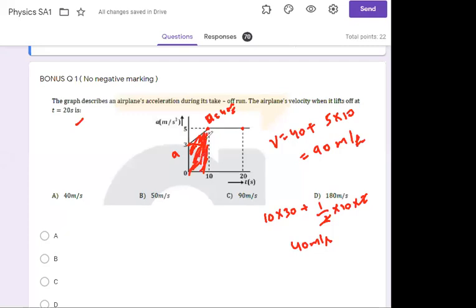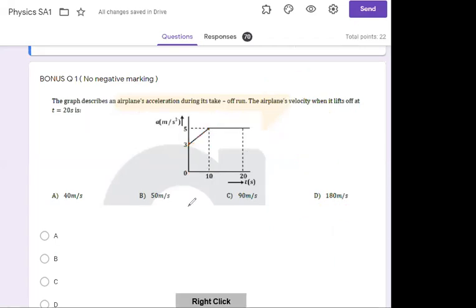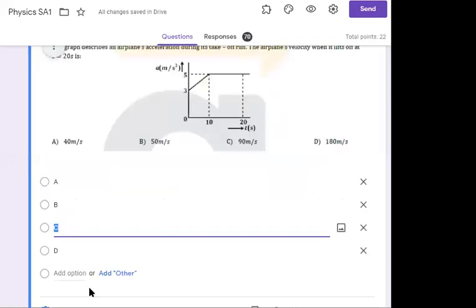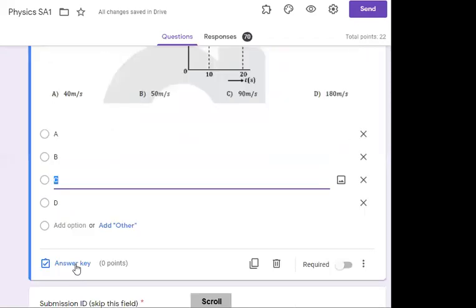That is the initial velocity at this point, which is 40 meter per second. ठीक है? Then from here to here, acceleration is constant. So we can use this equation v is equal to u plus at. है ना? ठीक है? So this is C.